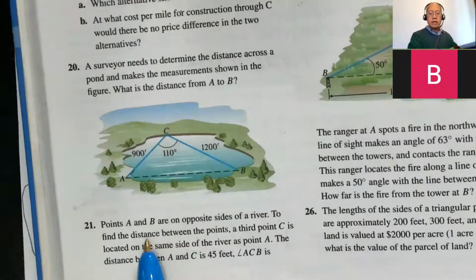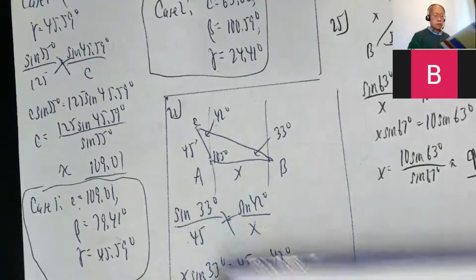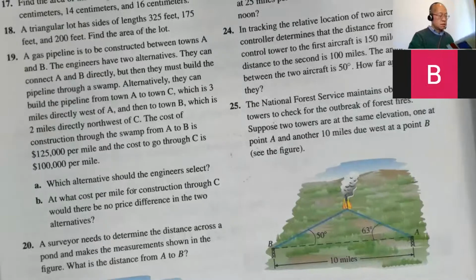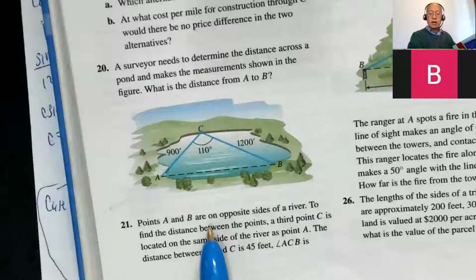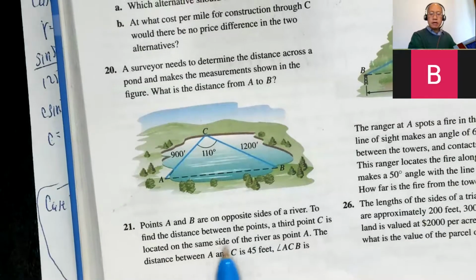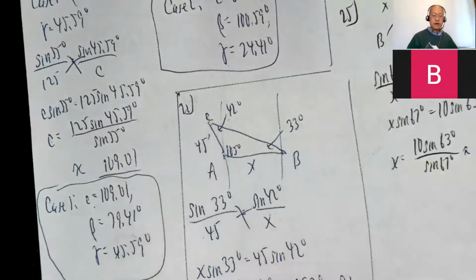Points A and B are on opposite sides of the river. Here's the river. To find the distance between the points, a third point C is located on the same side of the river as point A. The distance between A and C is 45 feet.